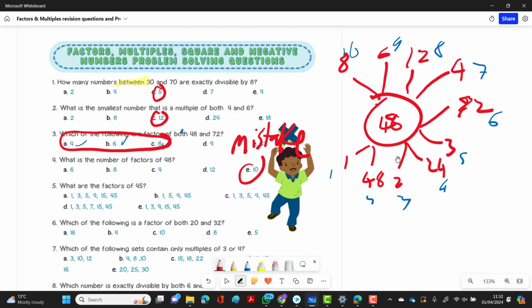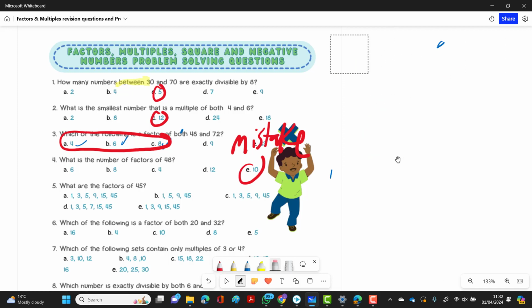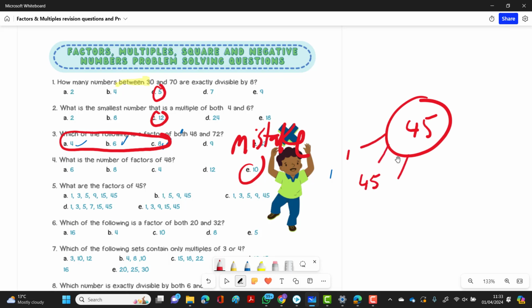What are the factors of 45? 1 and 45, 3 and 15, 5 and 9.